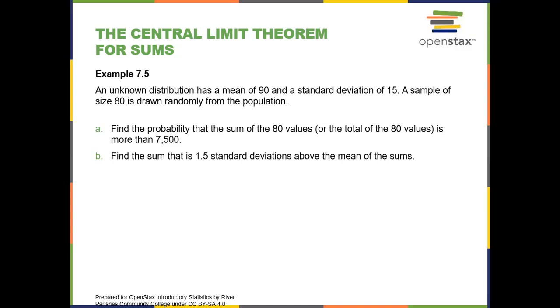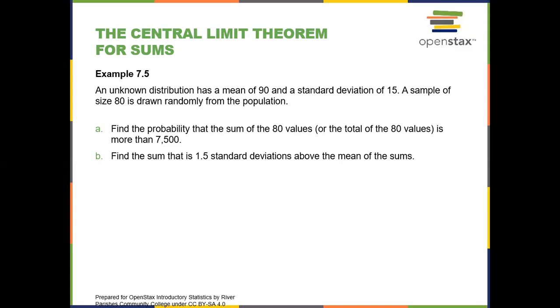It is square root of 80 times 15, which is 1,200. And you do paste, enter, and enter. And the answer is 0.401, or 40% of the samples will be above 7,500.